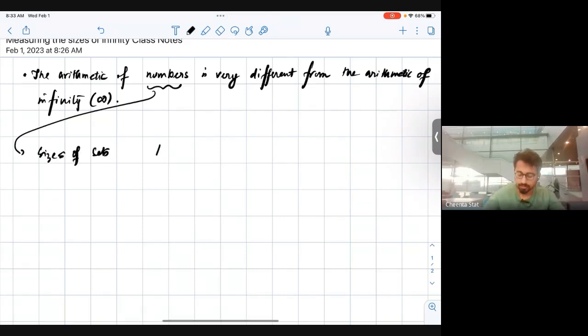So, let's say there is a set A, which is a strict subset of B. What do I mean by that? Let's say A is {1, 2, 3} and B is {1, 2, 3, 4, 5}.